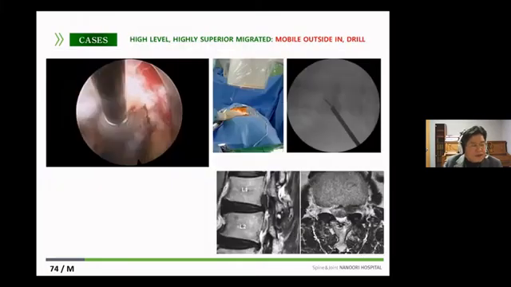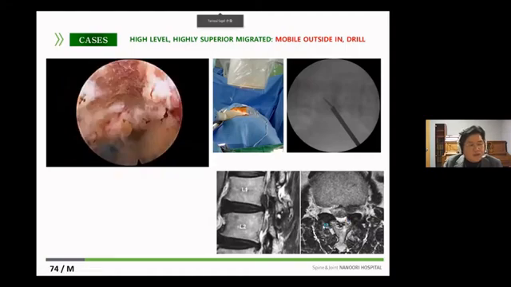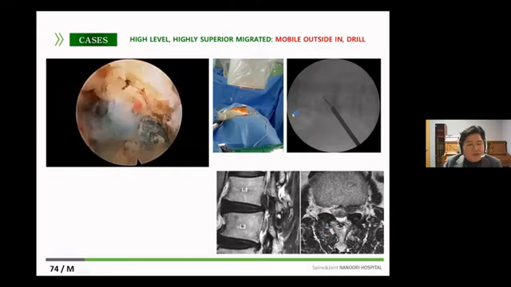High lumbar level HNP can cause nerve damage in open surgery. You can see here, so it is not easy to remove the lesion effectively. However, if we use the transforaminal endoscopic lumbar discectomy, these problems can be minimized, as you can see here.